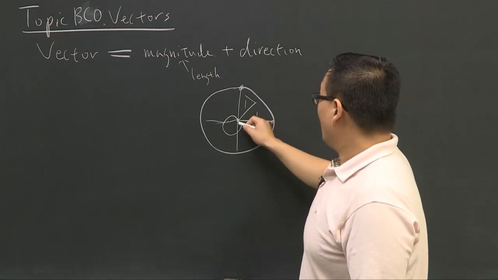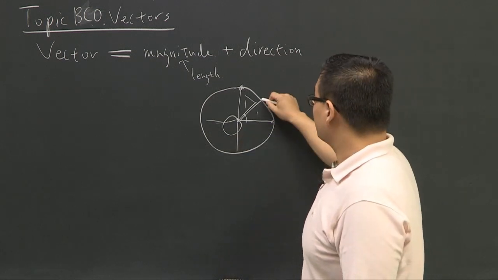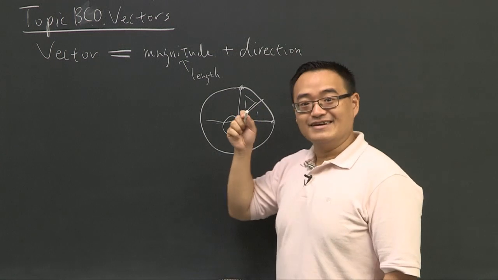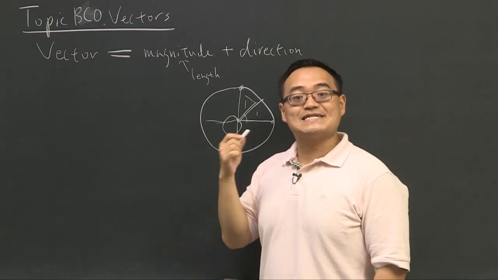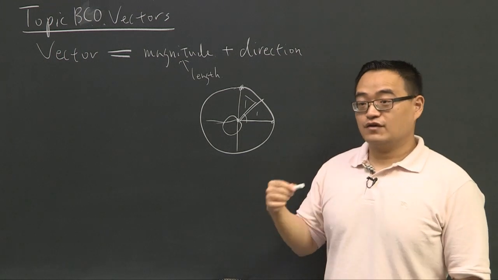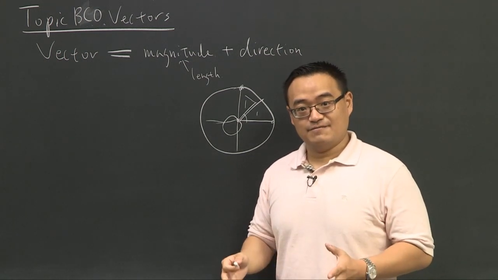Or if you say I'm walking a mile 45 degrees north of east, you're going to be here, right? So if I mix in the direction part, your description becomes precise. And physics is all about precision. Physics is about knowing where you are at what particular time, okay?